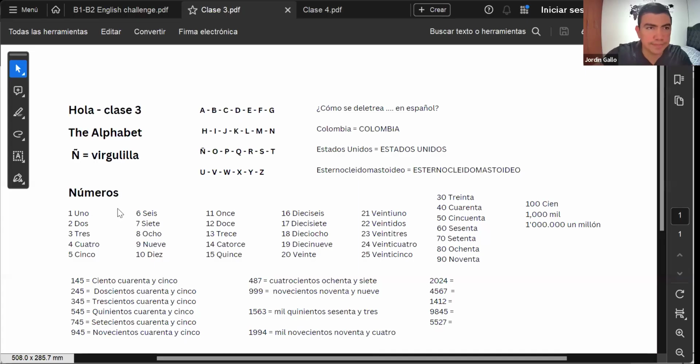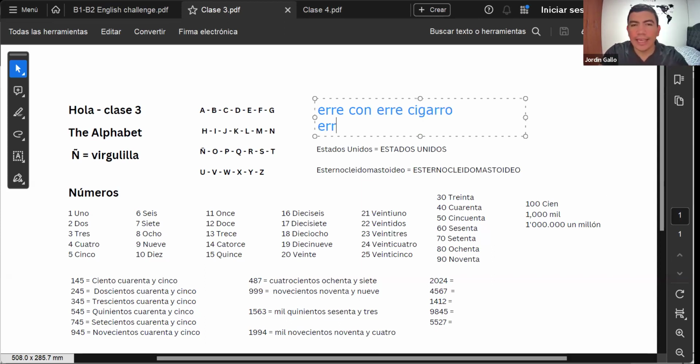Do you like tongue twisters? Because we're going to learn one of the most difficult tongue twisters we have in Spanish. So we say, R con R cigarro. R con R barril.